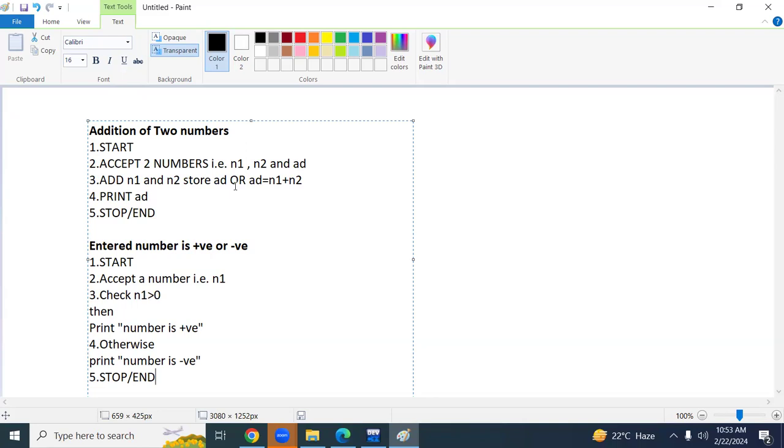How the data flows is handled with the help of a flowchart. So what is the purpose of a flowchart? Whatever you write inside the algorithm, with the help of a flowchart you get a pictorial or diagrammatic representation.